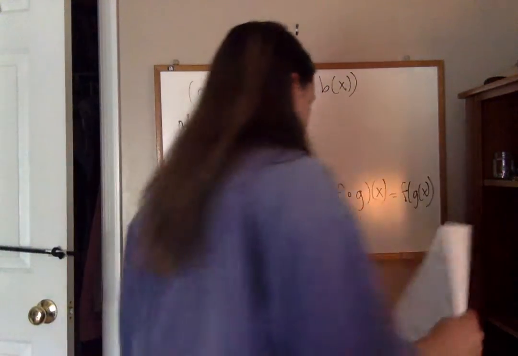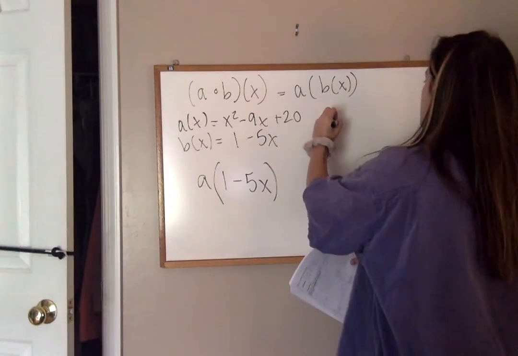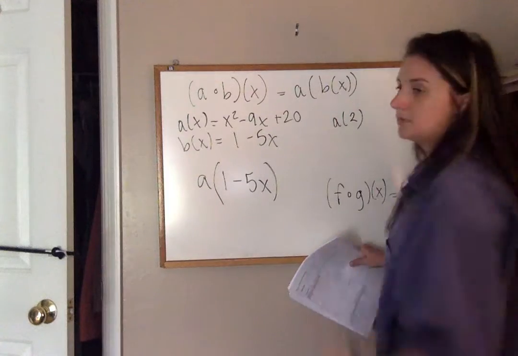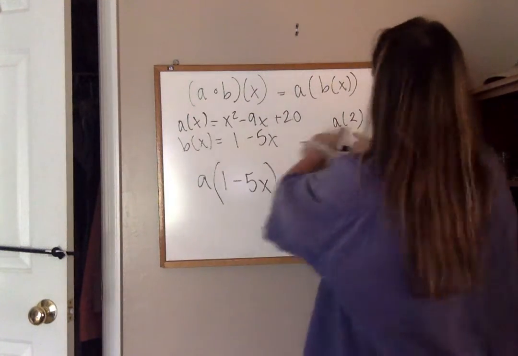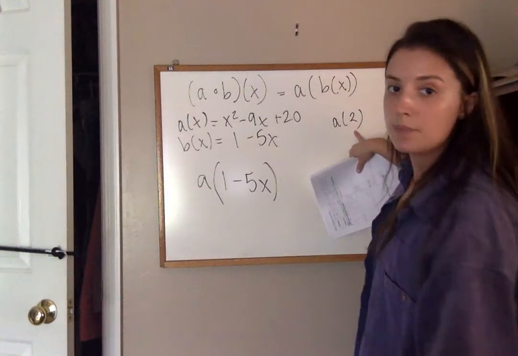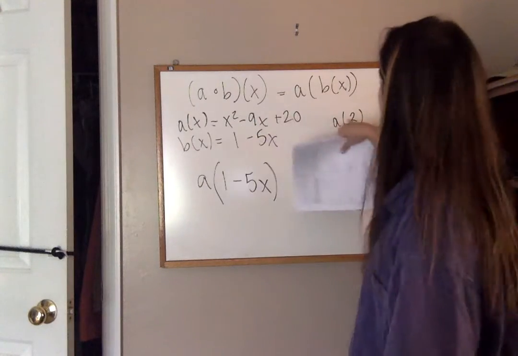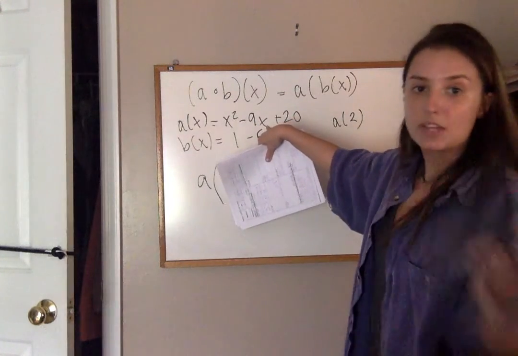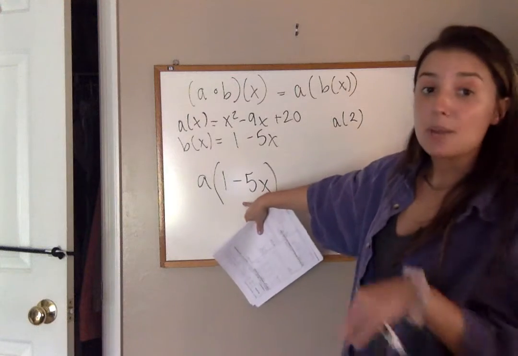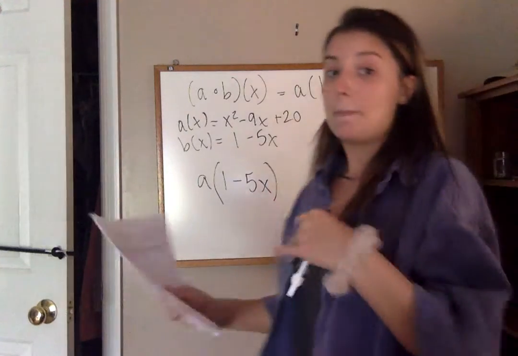So look, if I had just a of 2, we would just plug in a 2 for every x value, right? That's familiar. This is the same process, it's just a little bit more messy.